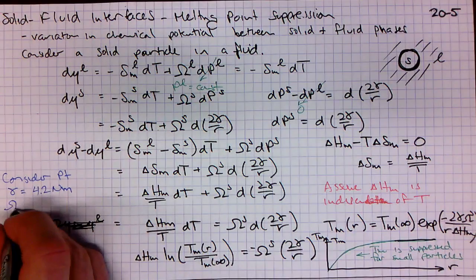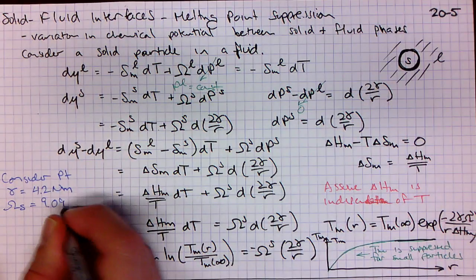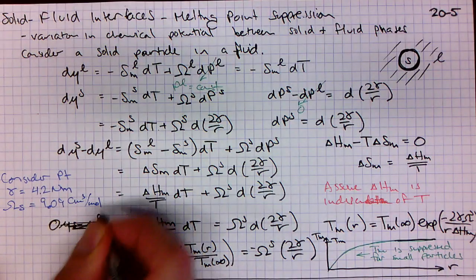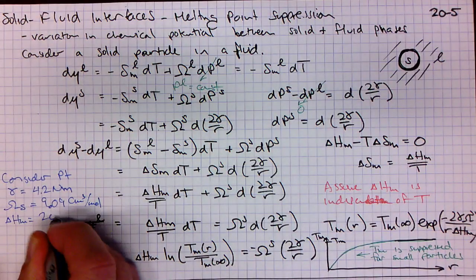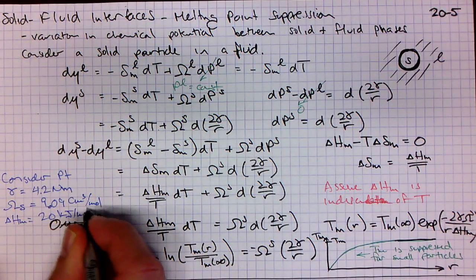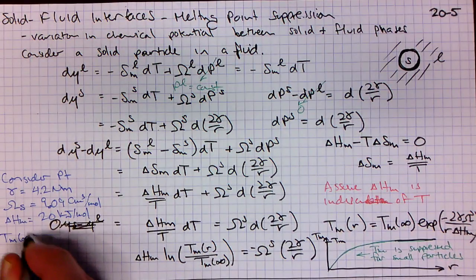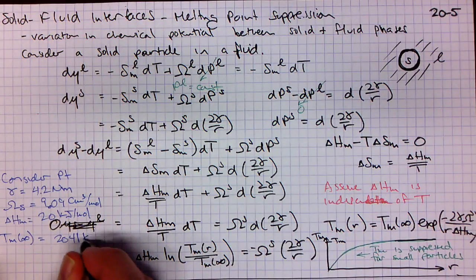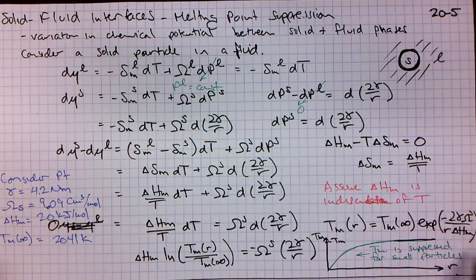The molar volume is 9.09 centimeters cubed per mole, and the molar enthalpy is 20 kilojoules per mole. And we know that the melting temperature for platinum is 2041 K. So we could figure out at what radius this becomes significant.